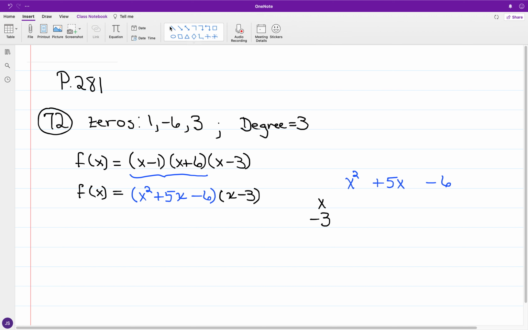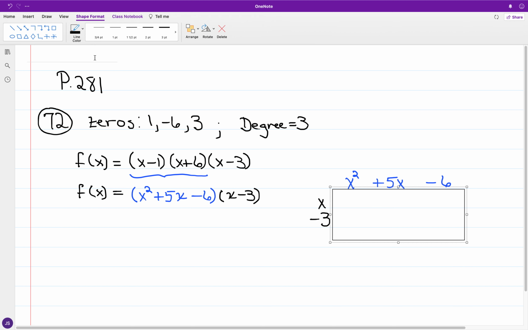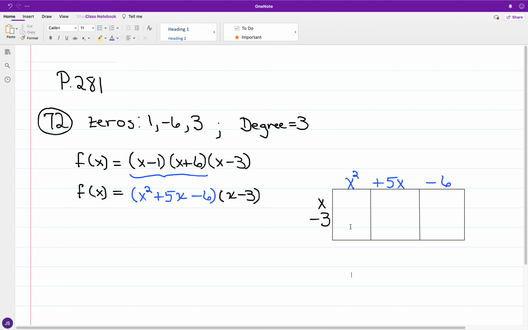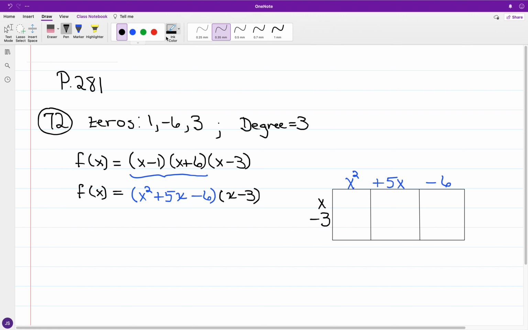Taking the partial products column by column, in the first column we have x squared times x, which is x cubed.